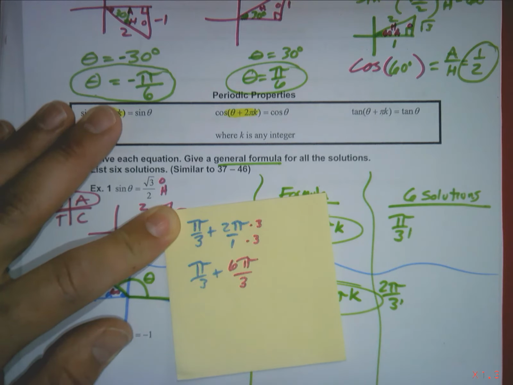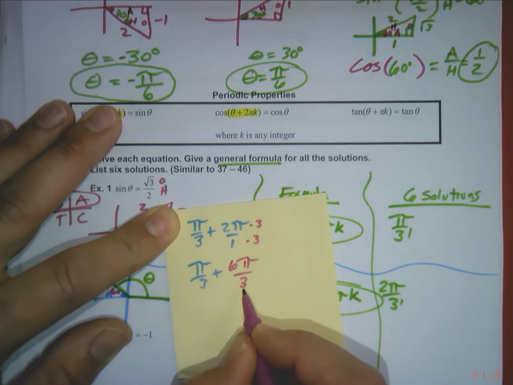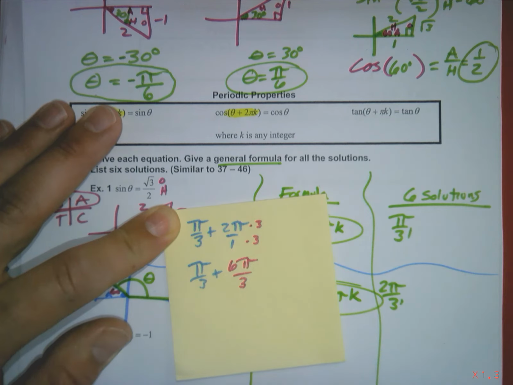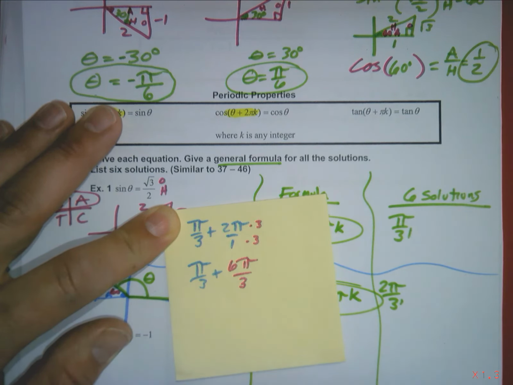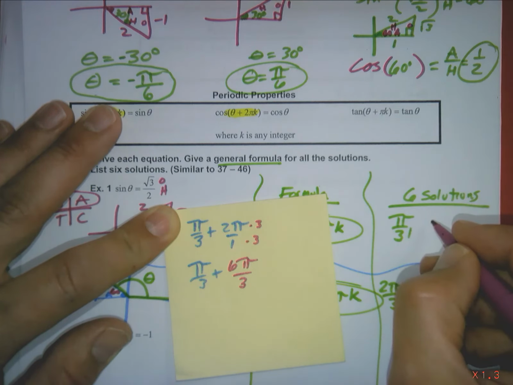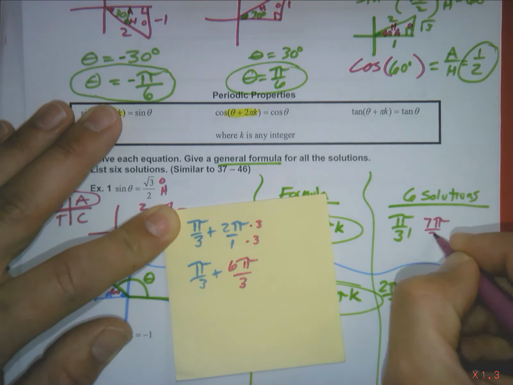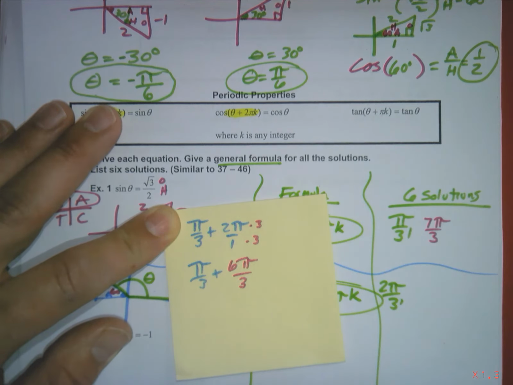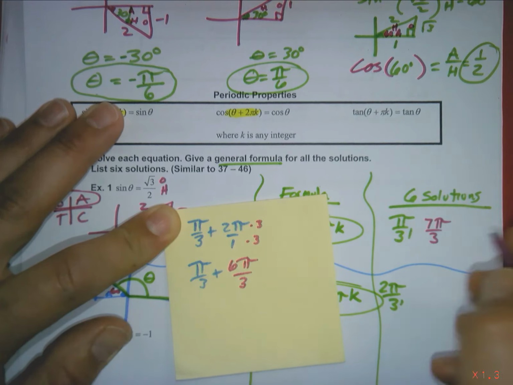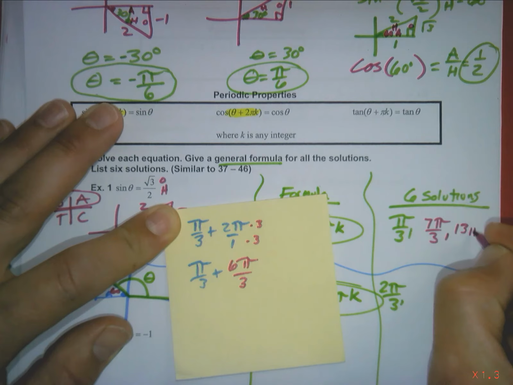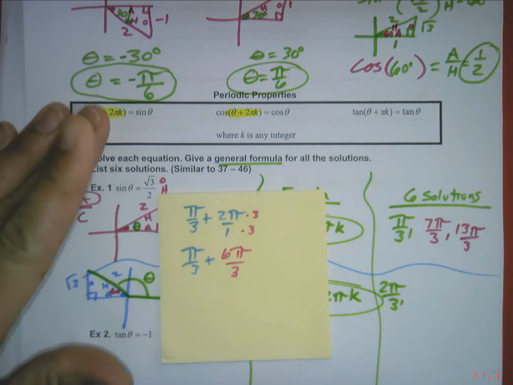Do you guys agree 6 pi over 3 is the same thing as 2 pi? 6 divided by 3 is 2. So if I'm at pi over 3 and I add 6 pi over 3, now where am I at? 7 pi over 3. So to get the next one in order, I just keep on adding 6 to the top. So 7 plus 6 is 13 pi over 3.